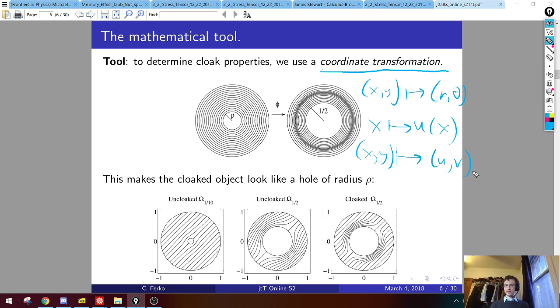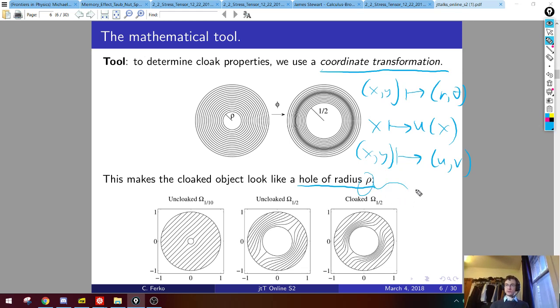And in particular, we're going to choose that coordinate transformation so that the uncloaked object, the spherical object we're hiding inside our cloak, we're going to make it look like a circular object or hole with a different radius. So for instance, if you're trying to hide a ball with radius 1 meter, we're going to write down a coordinate transformation that lets us make that ball look like a smaller ball of radius rho, where rho is any number we like.